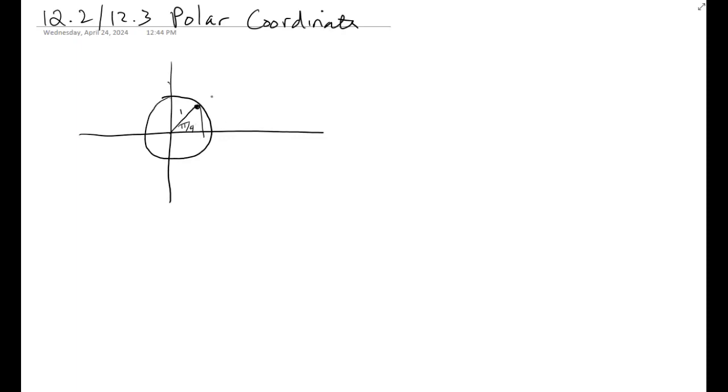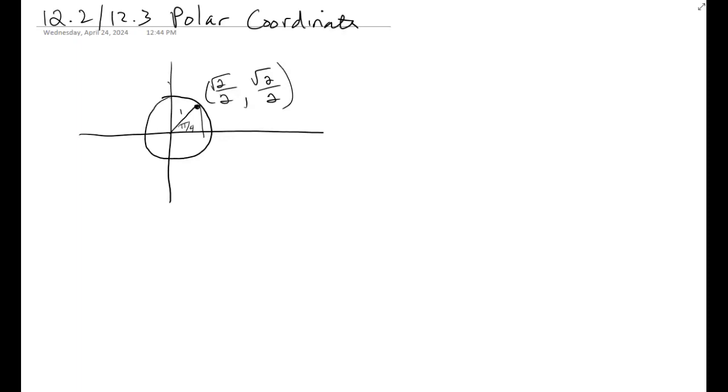So we end up with radical 2 over 2, radical 2 over 2 for our x and y values, where x is square root of 2 over 2 and y happens to be square root of 2 over 2, because we know we have this 45-degree angle here.